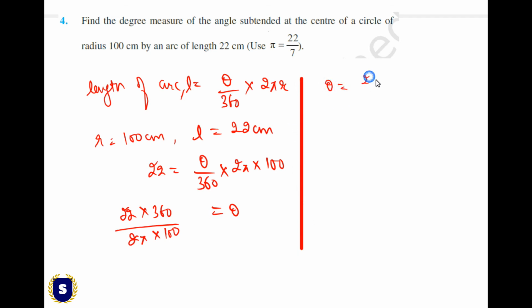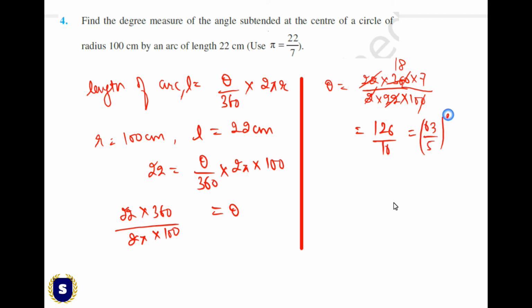So it will become 22 by 360 upon 2 into 22 by 7 into 100. 22 cancelled out, 0 and 0 cancelled out, this will become 18. So 126 upon 10, we can say 63 upon 5 degrees.